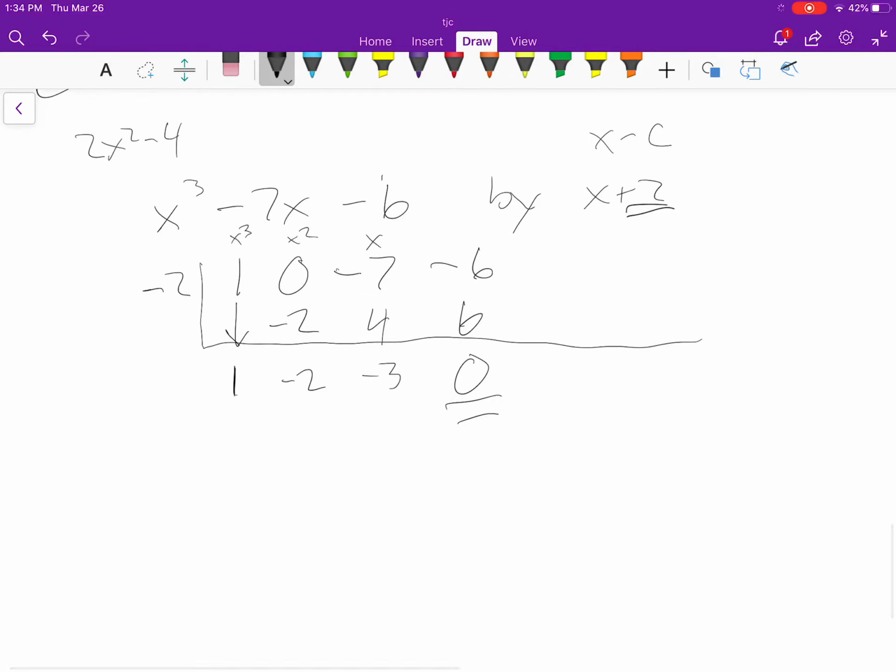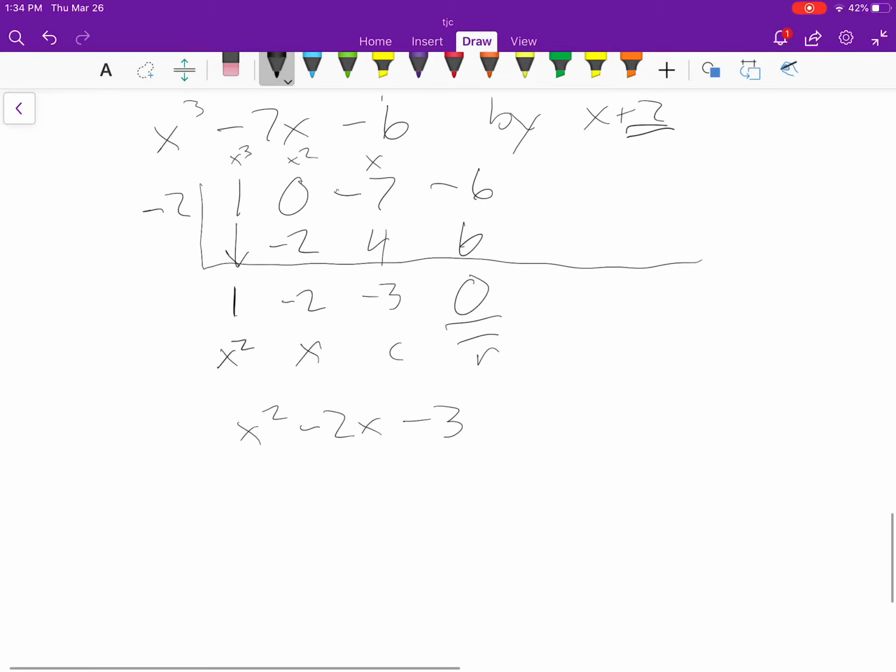Okay, and then we could write out our answer. So the answer here is going to be 1 less in power. So this is your x squared term, your x, your constant term, and then your remainder. So our answer is, if we divide this x cubed minus 7x minus 6 by x plus 2, the answer is x squared minus 2x minus 3.